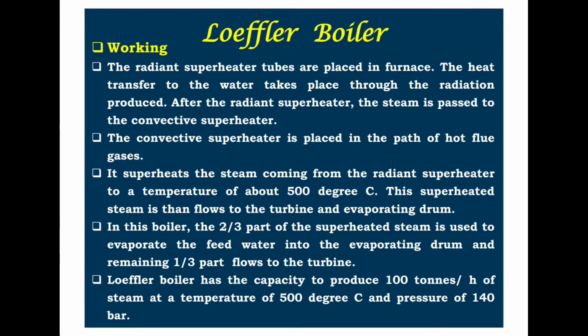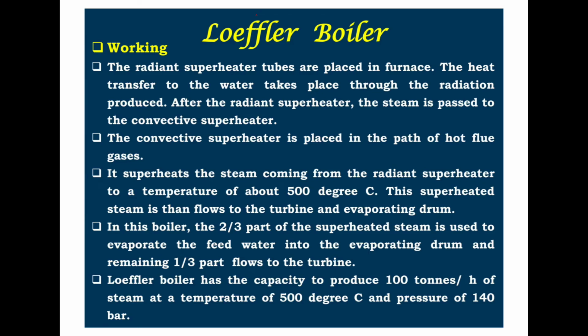The radiant superheater tubes are placed in the furnace. The heat transfer to the water takes place through the radiation produced. After the radiant superheater, the steam is passed to the convective superheater.